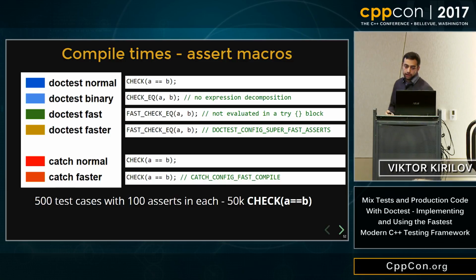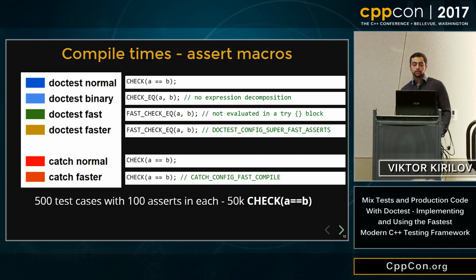There are also the fast binary ones, which in addition to not having to decompose expressions, also don't evaluate the comparison inside of a try block. And if we define the super fast asserts identifier, then they become even faster, and I'll show what that means a bit later.